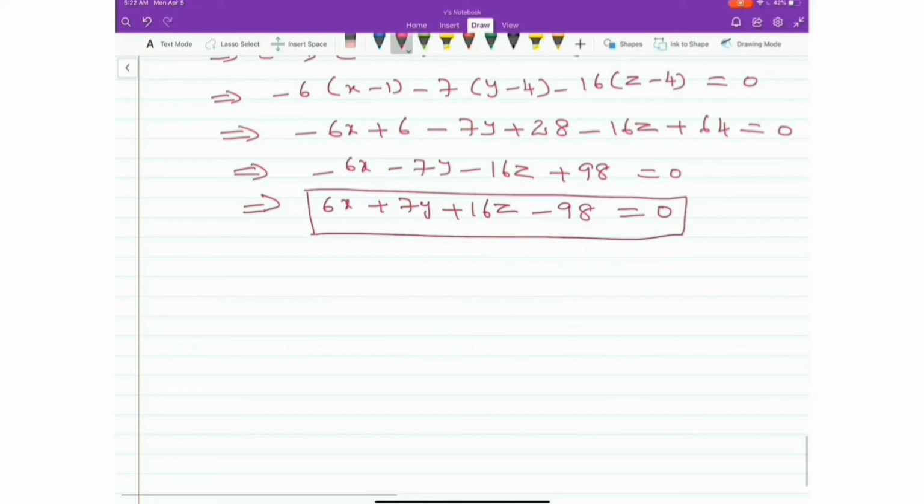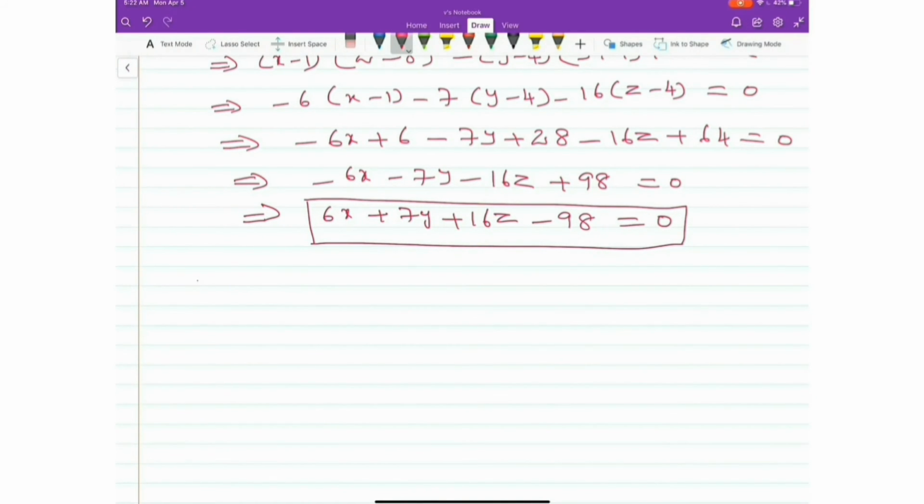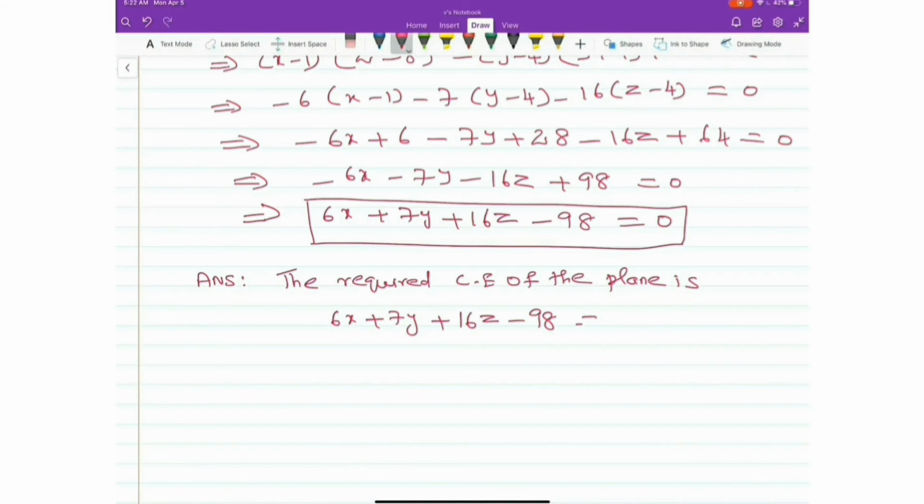So your answer is going to be the required Cartesian equation of the plane is 6x plus 7y plus 16z minus 98 equal to 0. So this is going to be your answer.